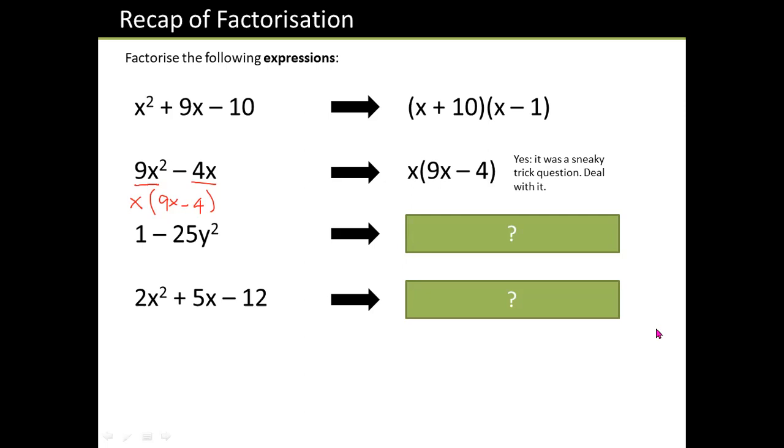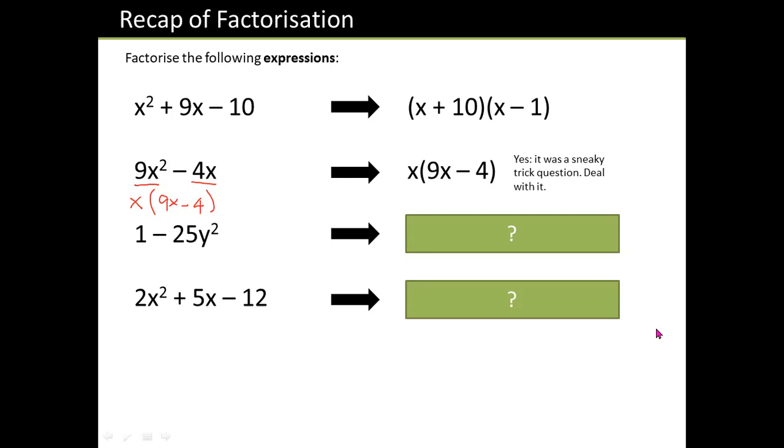Okay, I will go back to you later. What about Poon? What is the answer? 1 minus 25y squared. Factor it out. Take note, that is just easy. All are perfect squares.